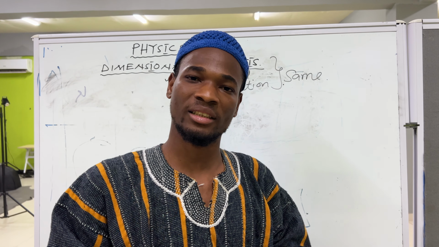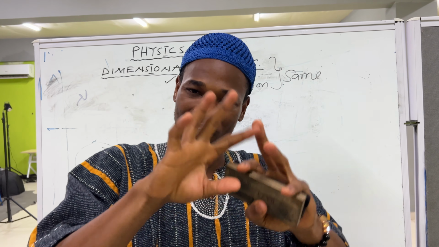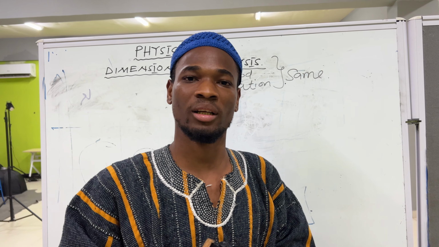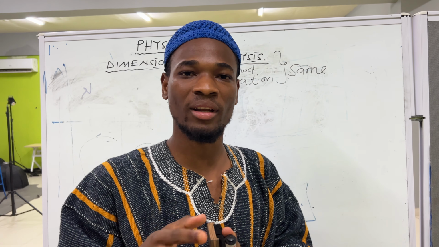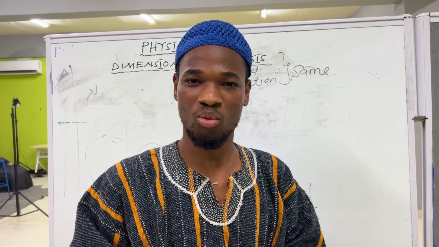So now let's learn the dimension of the basic or fundamental quantities. It's very necessary. When we are done with that, we can add or modify those quantities into another form. So for now, let's see how we can master the dimension of the basic or fundamental quantities.